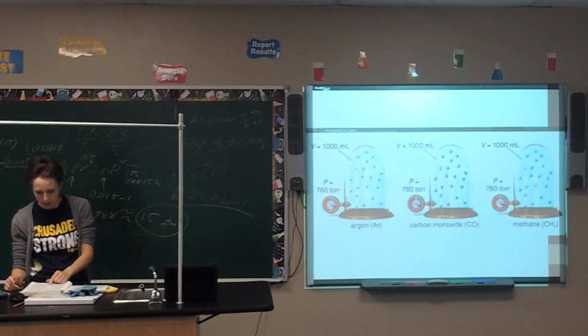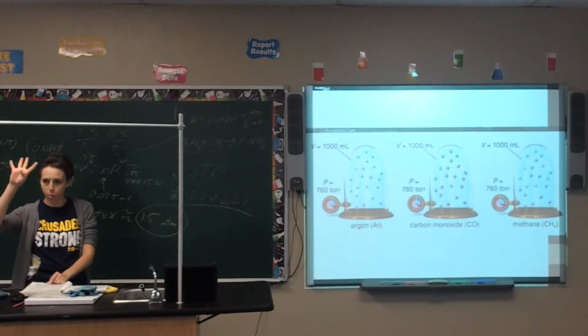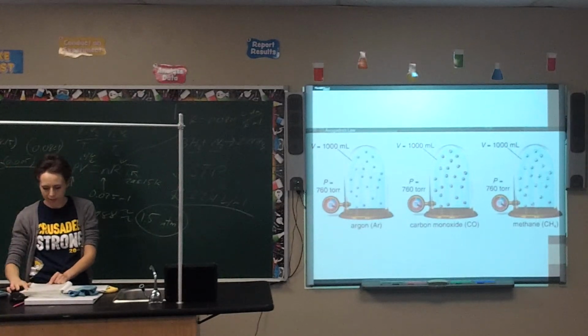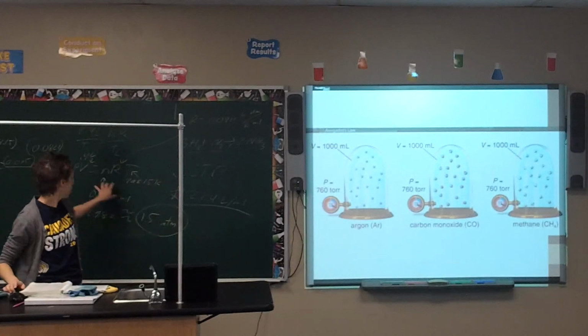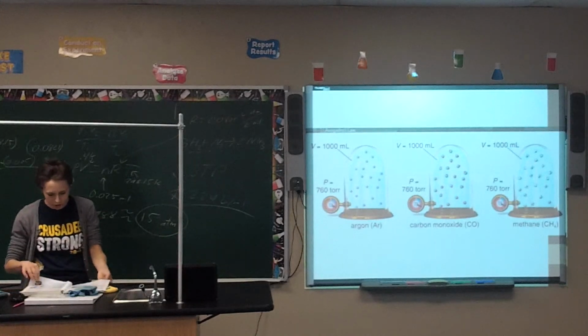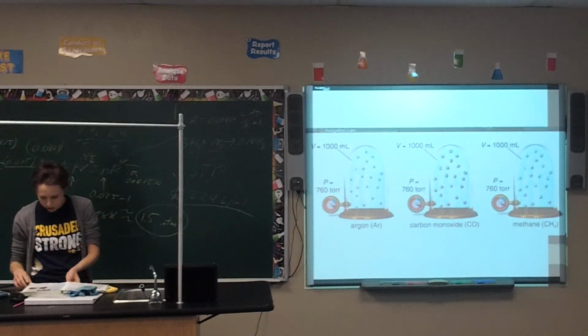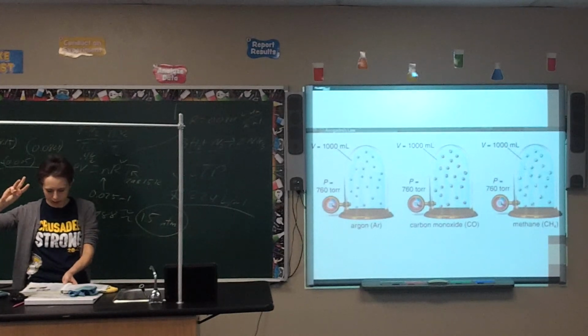So on page 71, you're going to do application number 4. Finishing up that section on page 71, application number 4 is over the ideal gas law. So use your equation, plug in your variables, and we'll talk about it tomorrow. Then you're also going to answer on page 75, concept review question number 3.